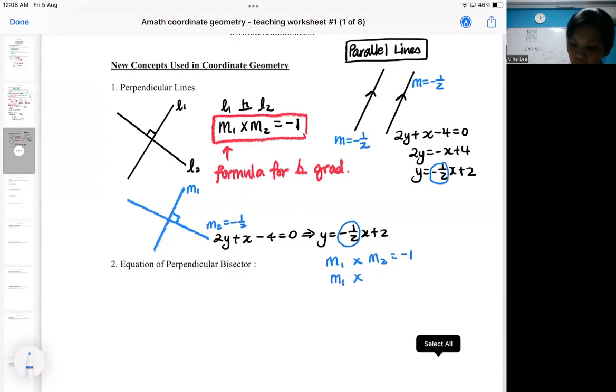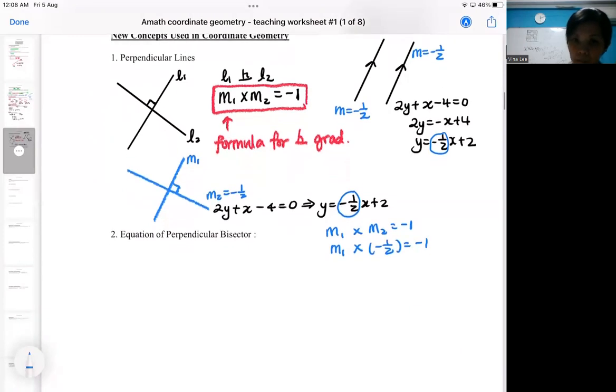I know my M2 is minus half. Manipulating that equation will help you calculate. So that's how you get the gradient 2. This gradient will be a 2. Numerically, that's how we use this formula.